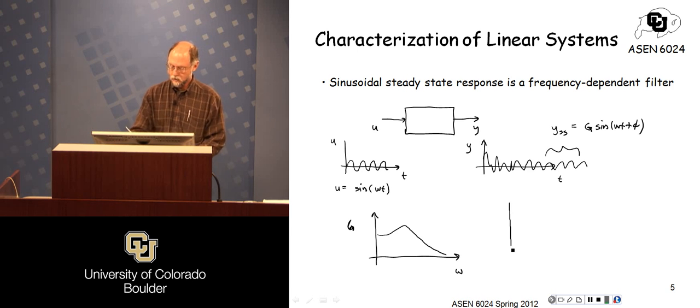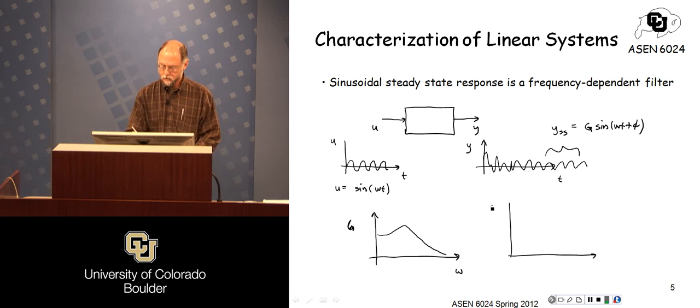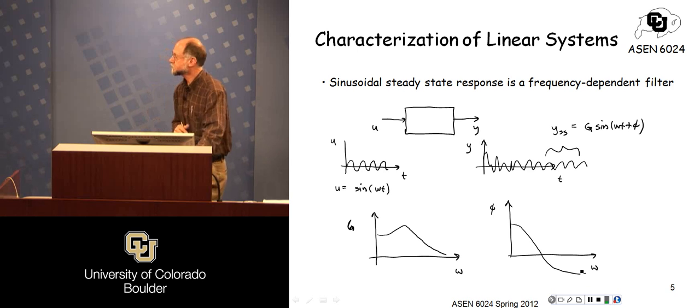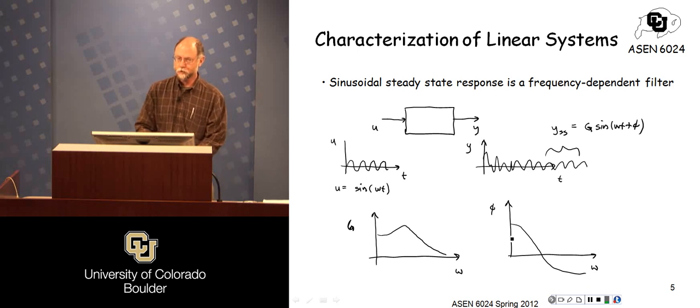And the same thing with this phase shift phi. Phi is a frequency-dependent function. So G and phi together is the frequency response. It's how the system amplifies sine waves and how it phase shifts sine waves at various frequencies. Okay, and that's the frequency response.